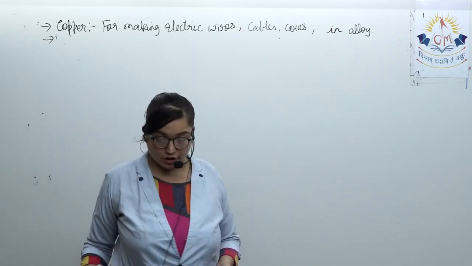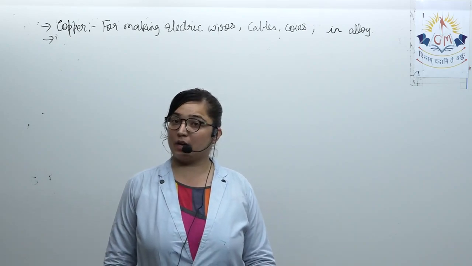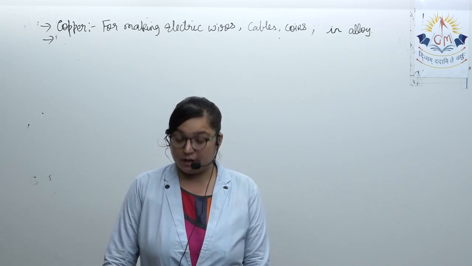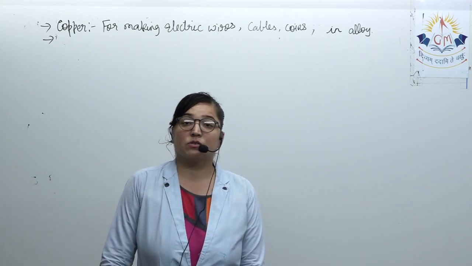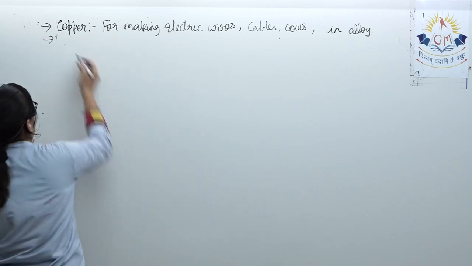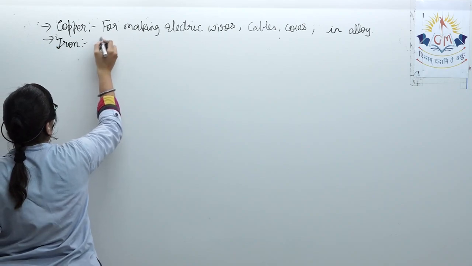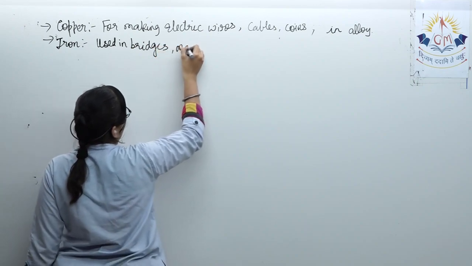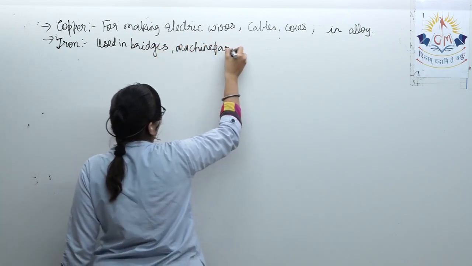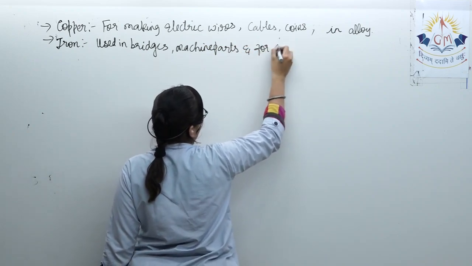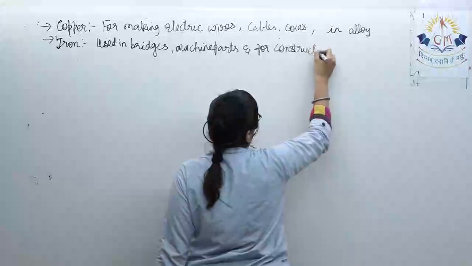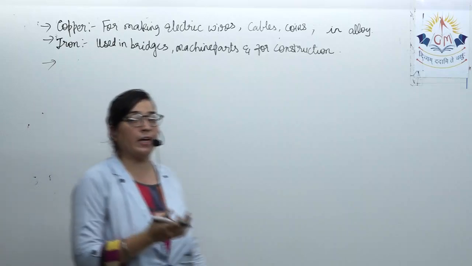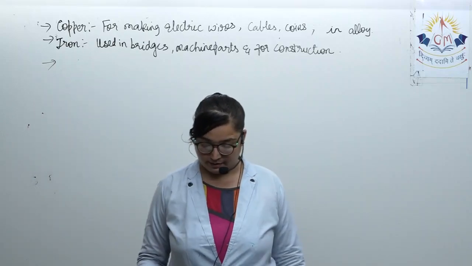Coming to the next part, uses of iron. Iron is a very strong metal. It is used mainly for making bridges and engine parts, for construction, because it has very high tensile strength.